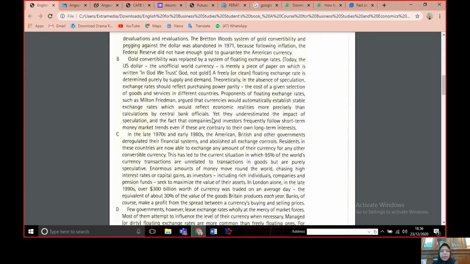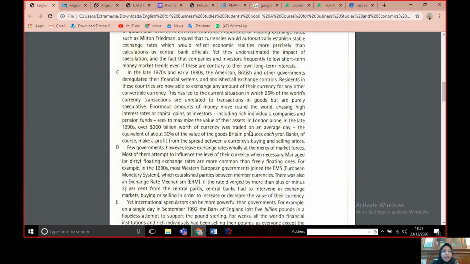Yet, they underestimate the impact of speculation and the fact that companies and investors frequently follow short-term money market trends, even if they are contrary to their own long-term interests.